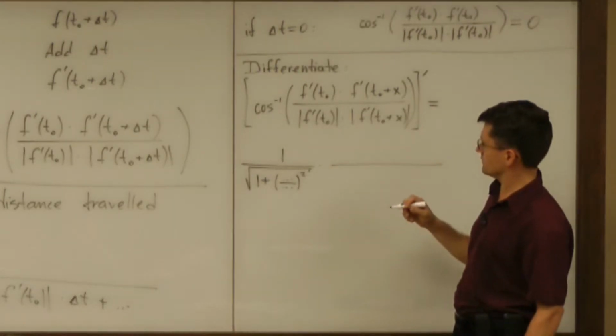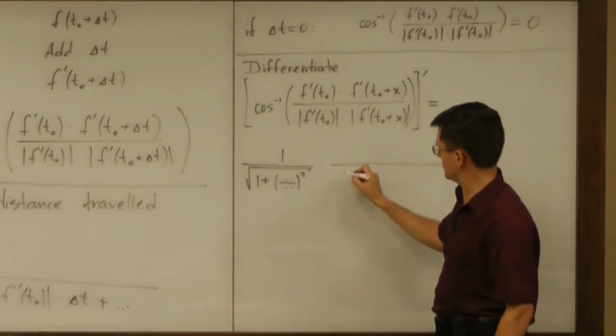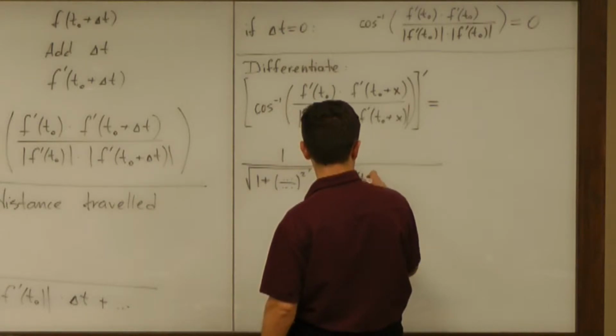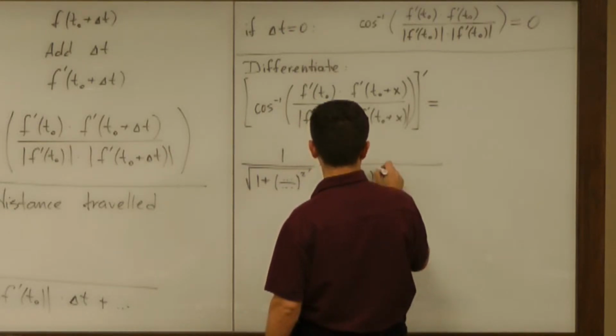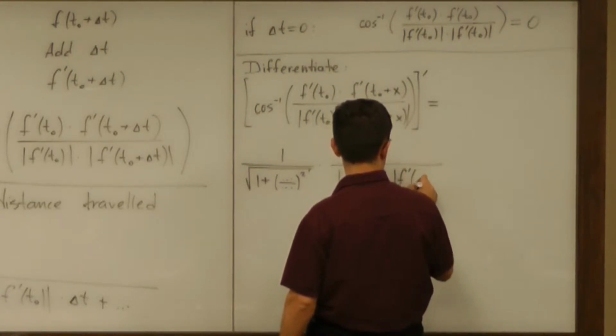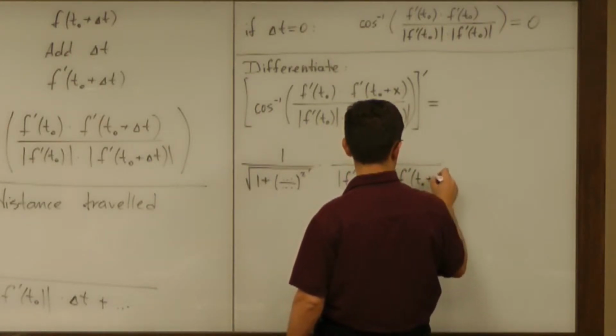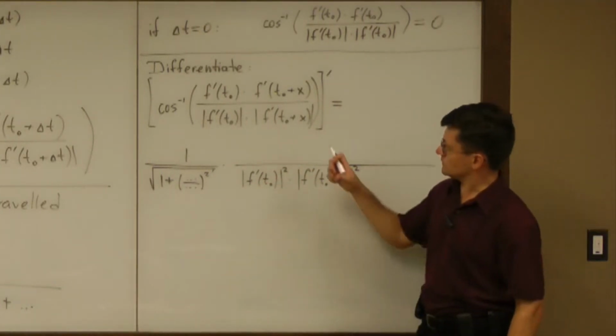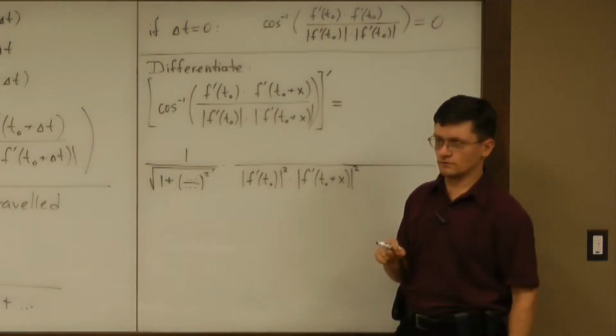I know the quotient rule. It's the square of the denominator. So that is magnitude of f prime of t0 squared times magnitude of f prime of t0 plus x squared. And now I have to write down the numerator.